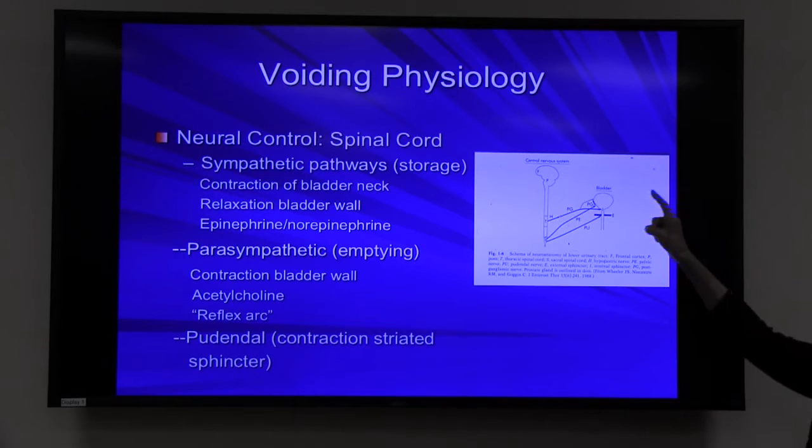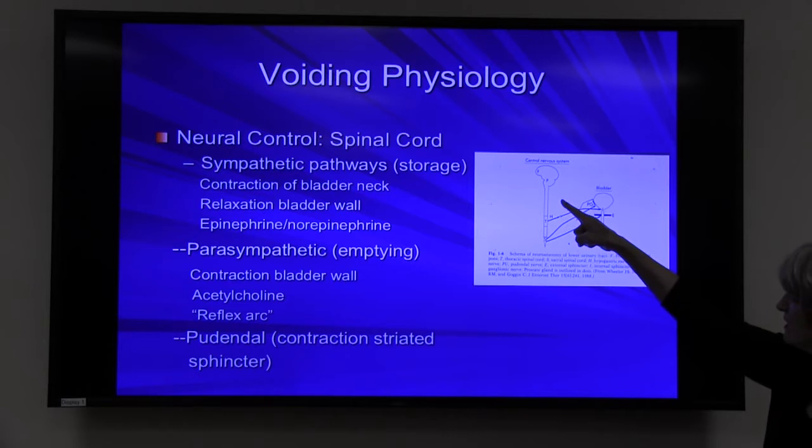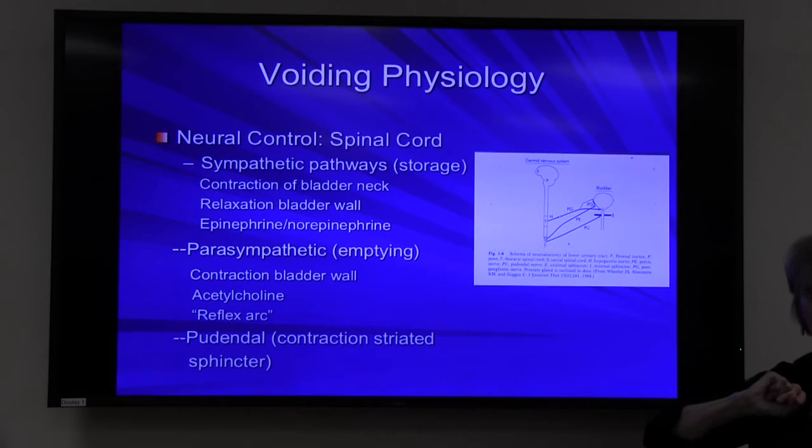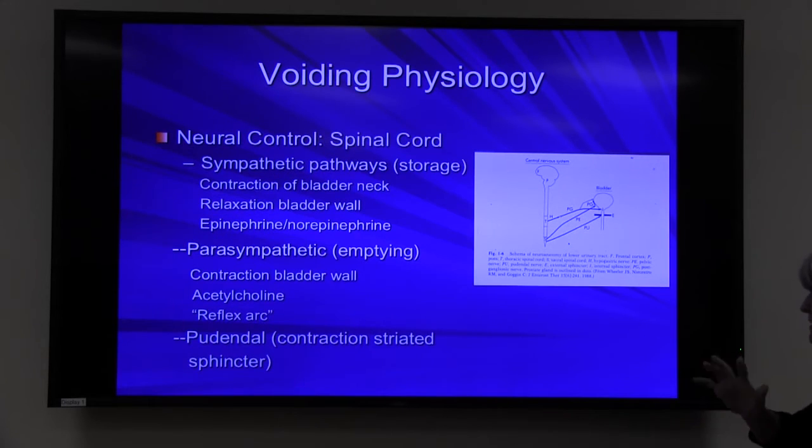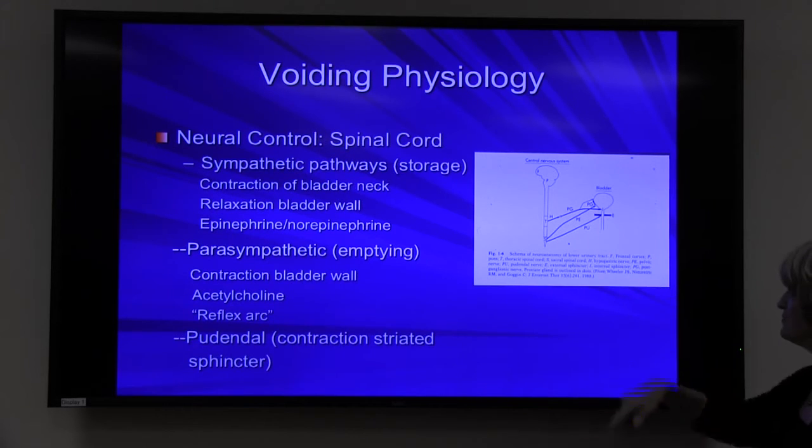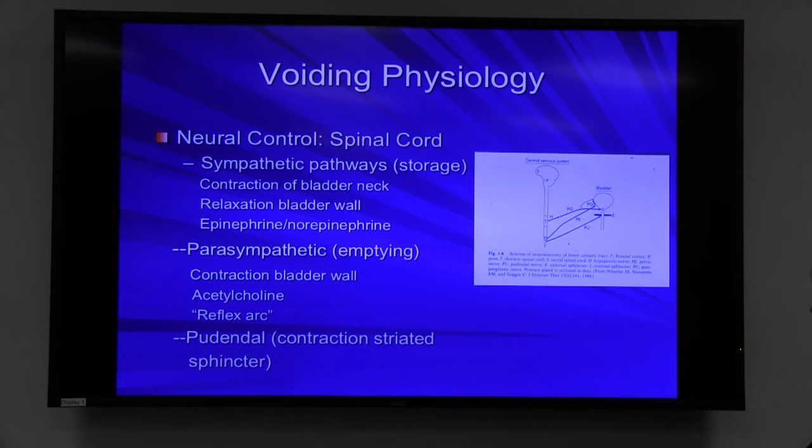So look first at the sympathetic pathway. It comes off the cord at the thoracolumbar level, so typically about T10 to L2. It's labeled H for hypogastric. That's just the name of the sympathetic nerve. But here's what I want you to notice.